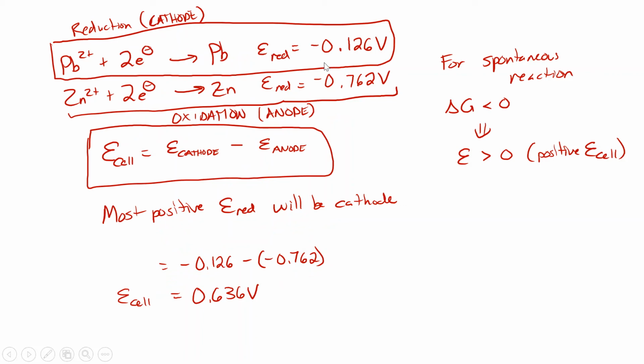Get these reduction potentials from the table, plug them into this formula. That's going to give your overall cell potential, and that should always be positive, right? We want that to be positive because that gives us delta G less than 0. Okay, so now we can actually see which direction our redox reactions are going to go when we know what our reduction potentials are. So that's useful.